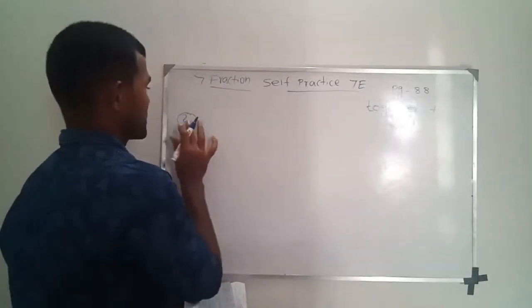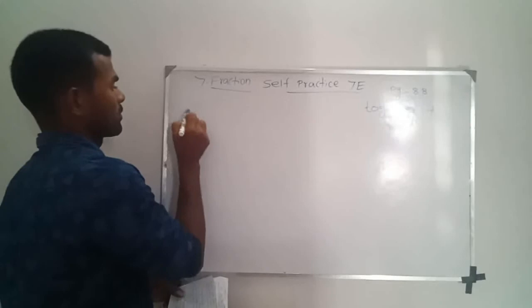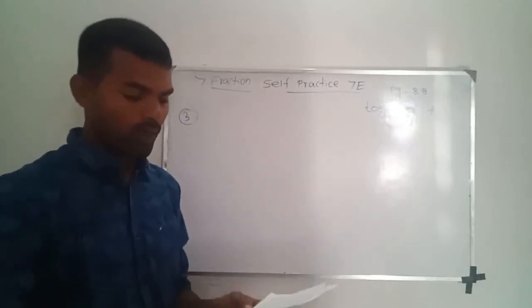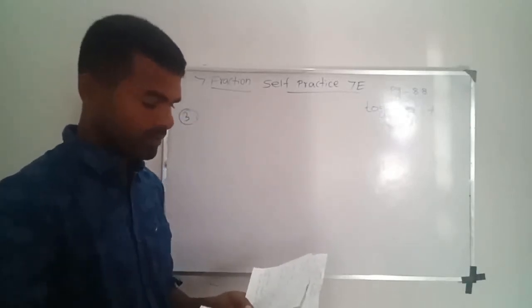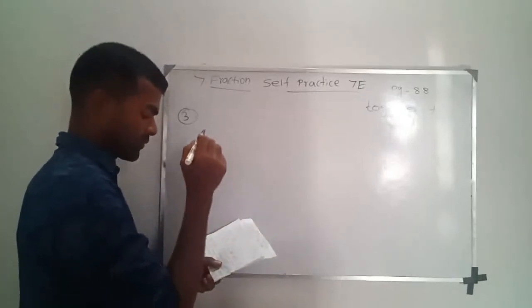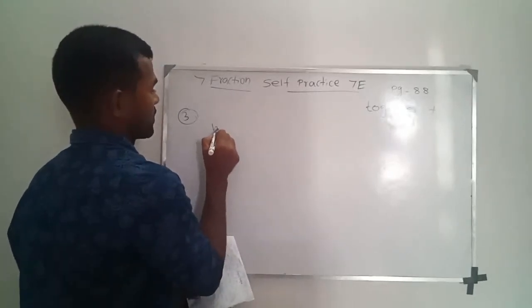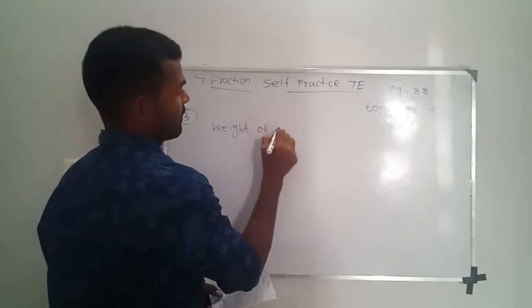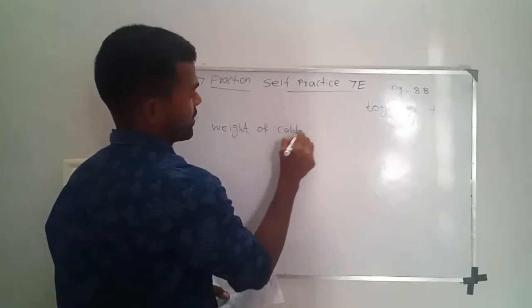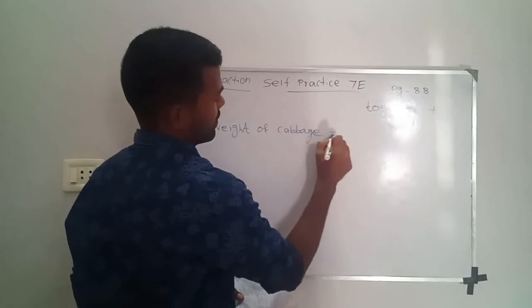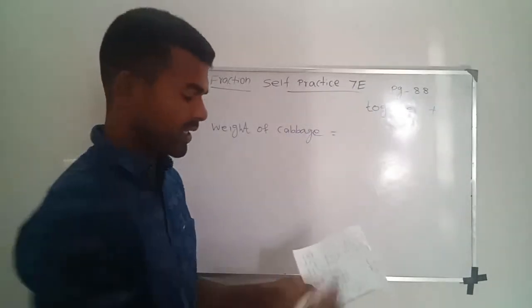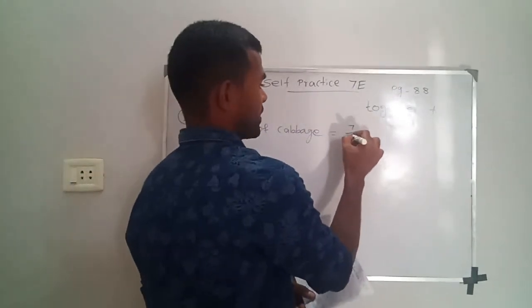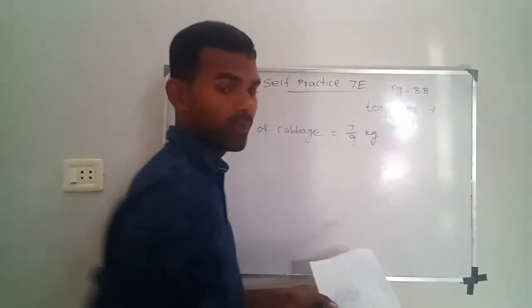Okay, third question. Neha bought one cabbage weighing, so the weight of cabbage. What is the weight of cabbage? 7 by 9, yes, 7 by 9 kilogram.